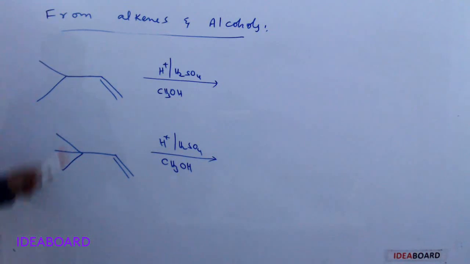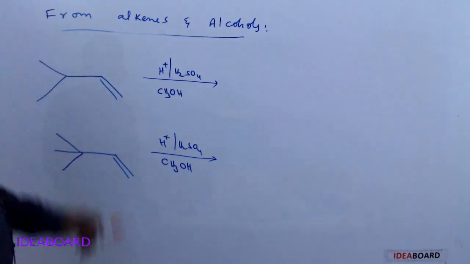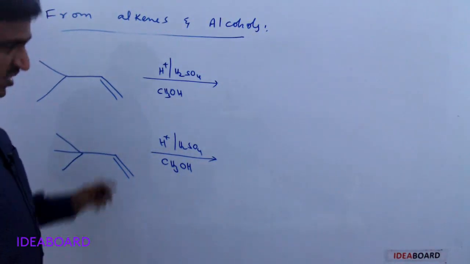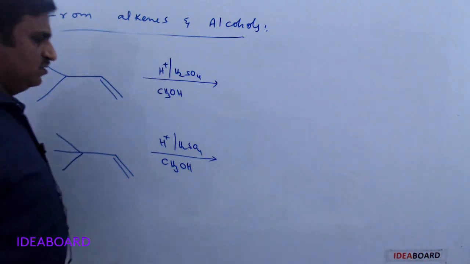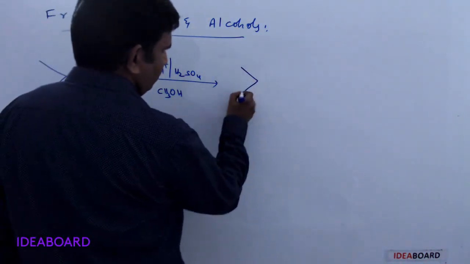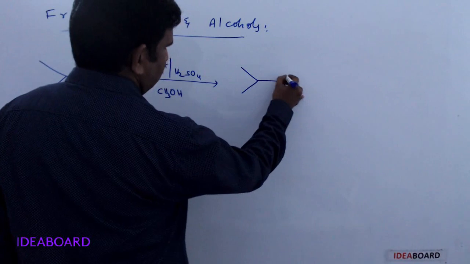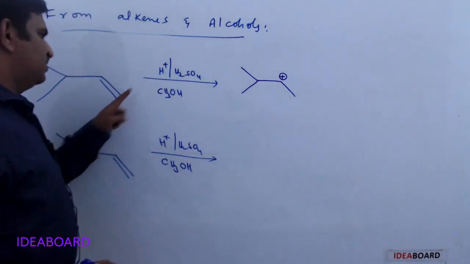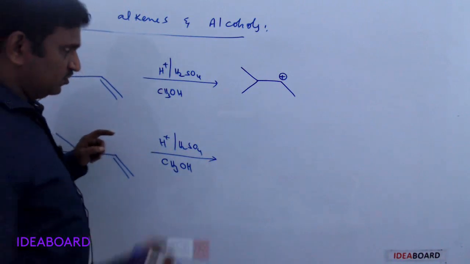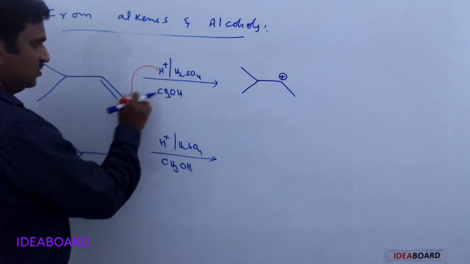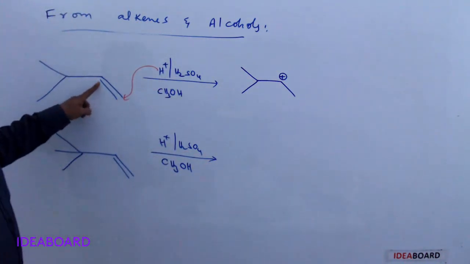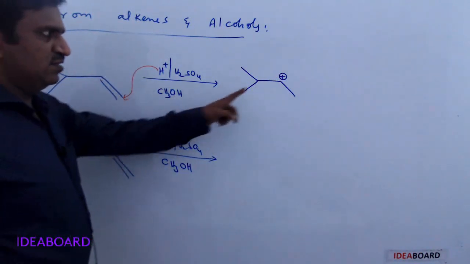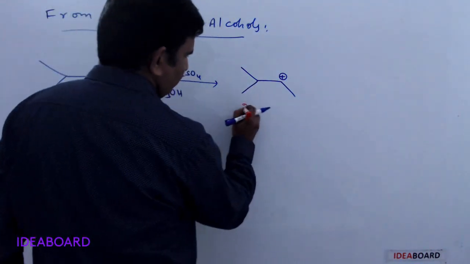See, in these two reactions, first this is the alkene taken. To this, first H plus is added in this position, and here there is a positive charge. H plus is added to this carbon atom, so it becomes a carbocation. Then this is the secondary carbocation formed.